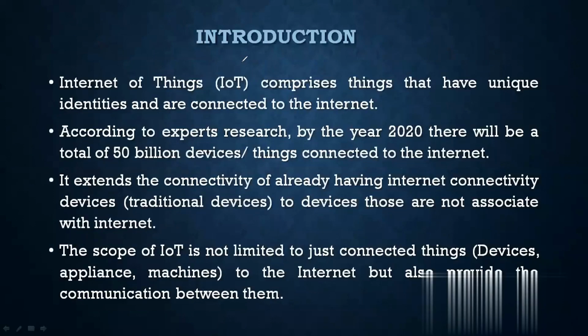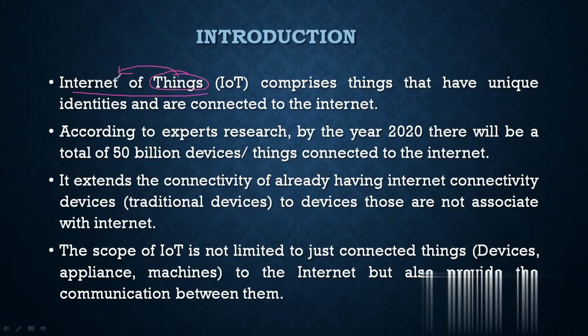Very importantly, here, Internet of Things. The name suggests to you the things are connected to the internet. So in Internet of Things, we comprise the things, and these things are connected to the internet. The internet is one large network.